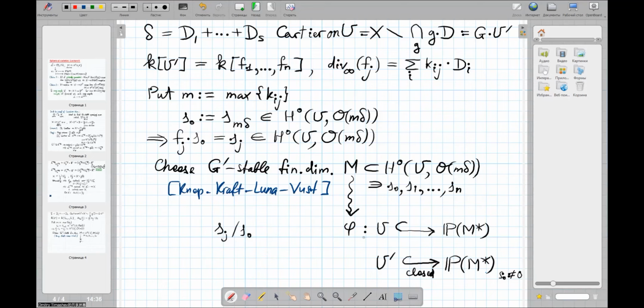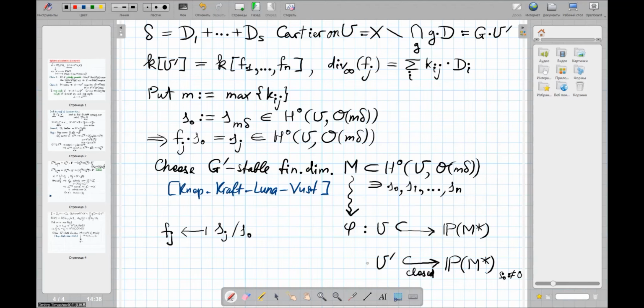And these ratios map to these functions fj, as we see from this formula. The functions fj generate the coordinate algebra of U prime. So the inverse map of coordinate algebras is surjective, and for affine varieties, this means that this map is a closed embedding.